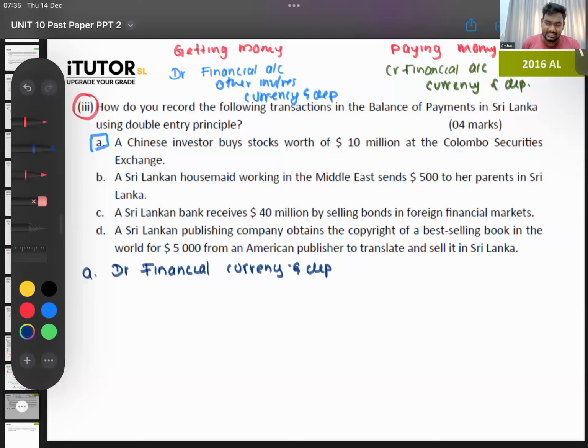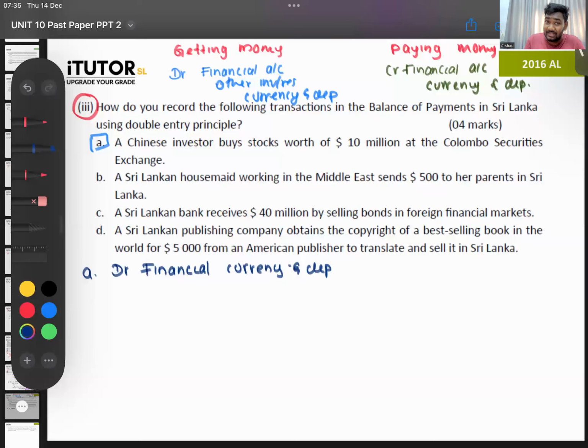Where does the purchase of shares go? Only saying financial account, reserve account is not going to be complete; you have to mention currency and deposit. This is under the financial account, in portfolio investment. Remember, portfolio investment.